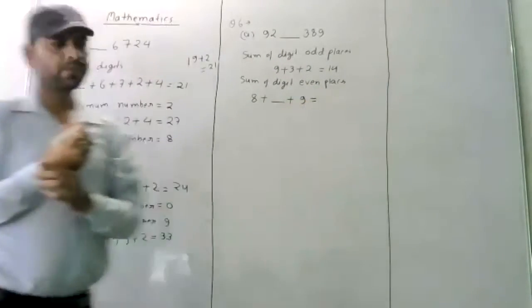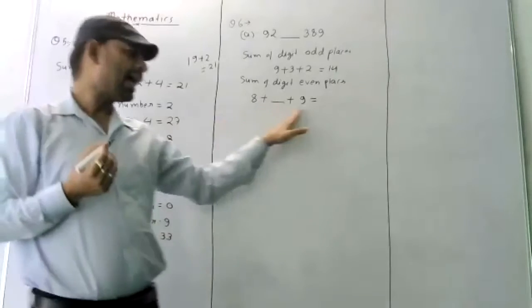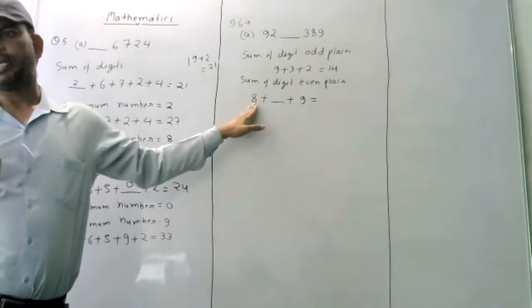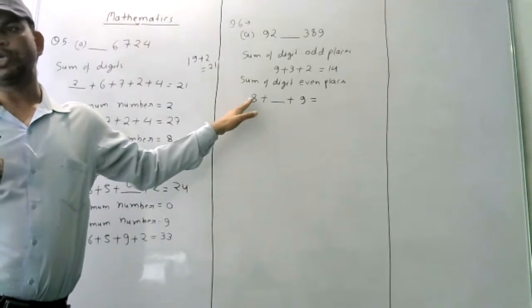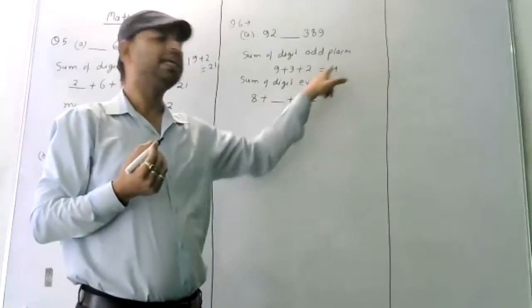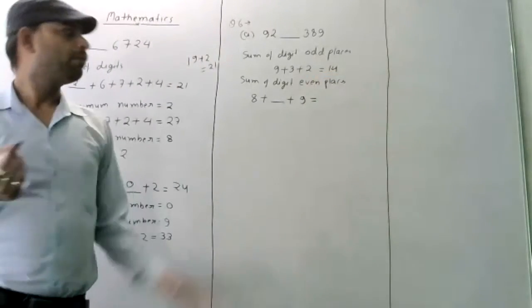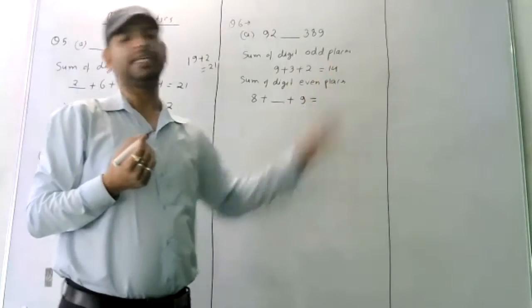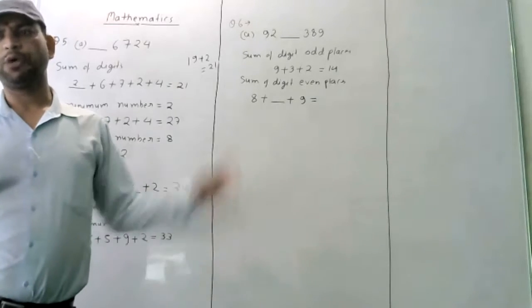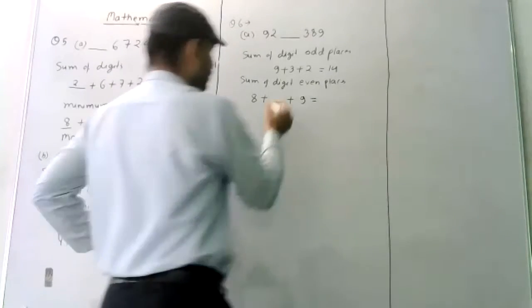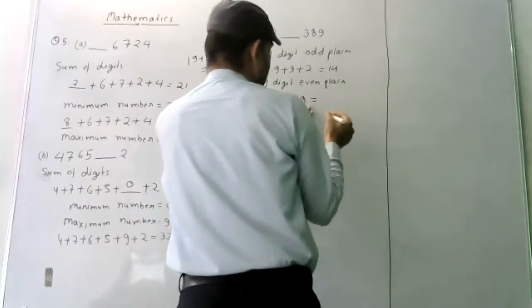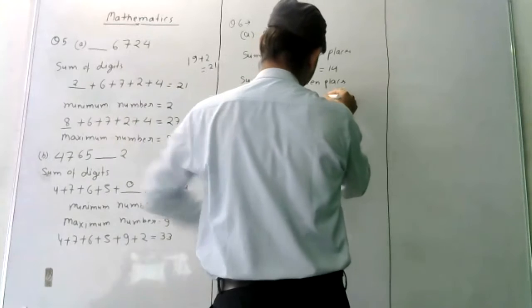That is equal to 9 and 8, which is 17. The difference between 14 and 17 is 3. So if we put here 8, 8 plus 8 is 16, and 16 plus 9 is equal to 25.